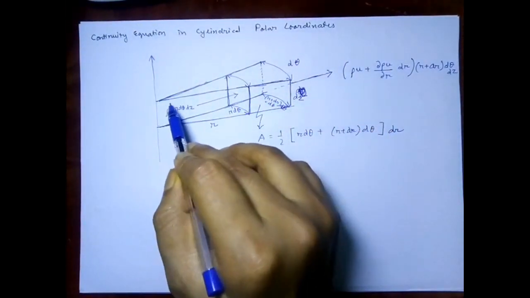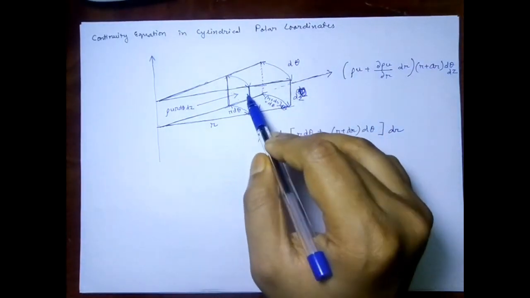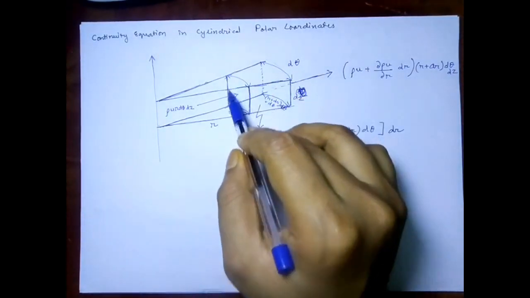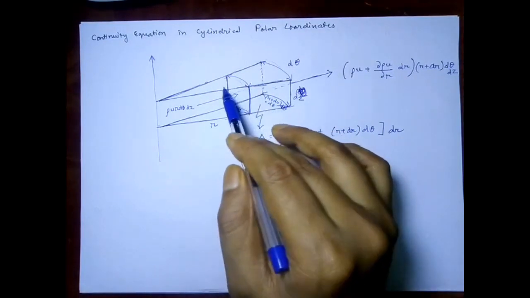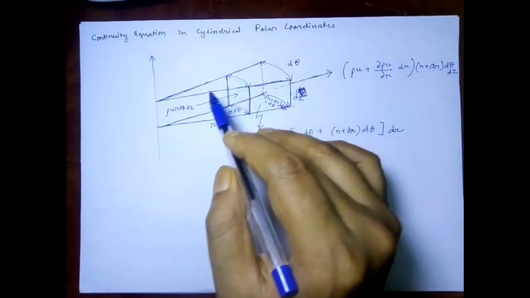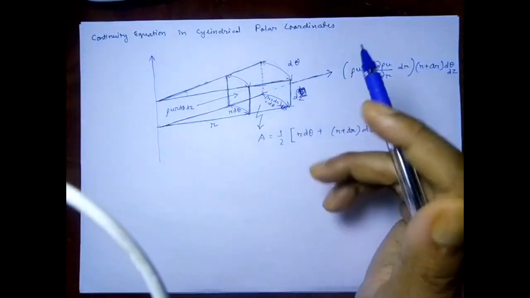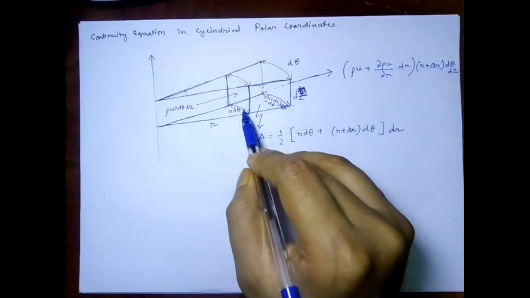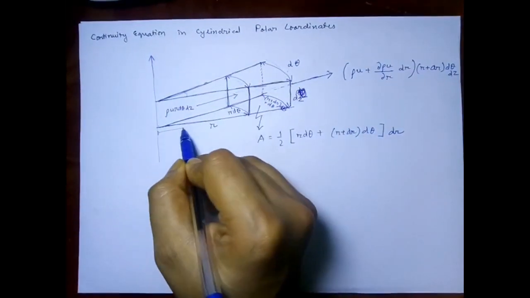Suppose this is the control volume, this somewhat prismoidal area, and I have an angle of d theta between them, and this has a radius r until here.